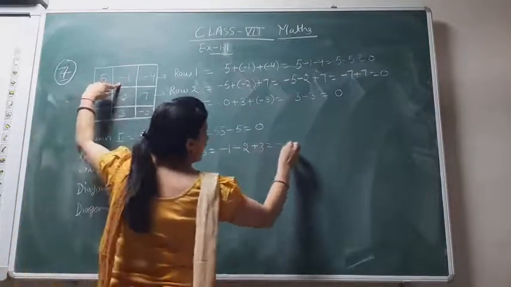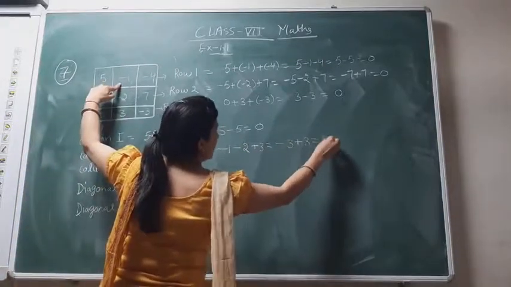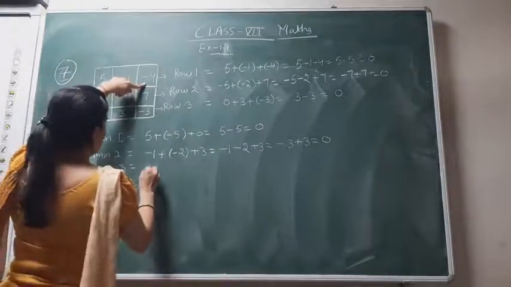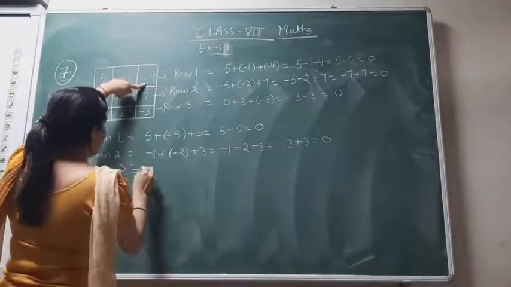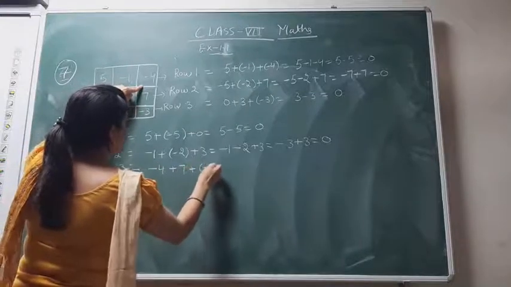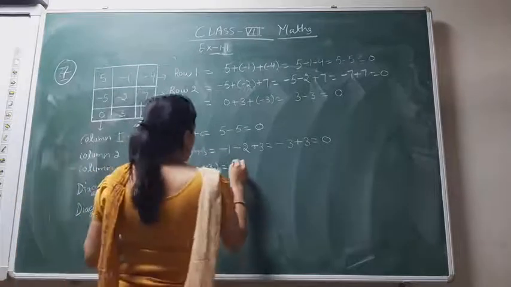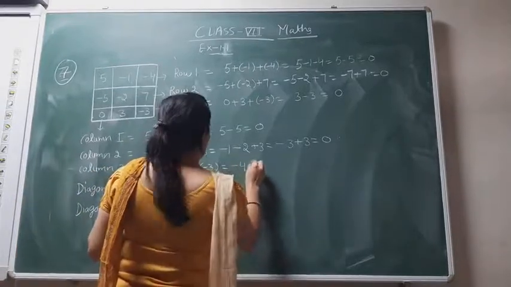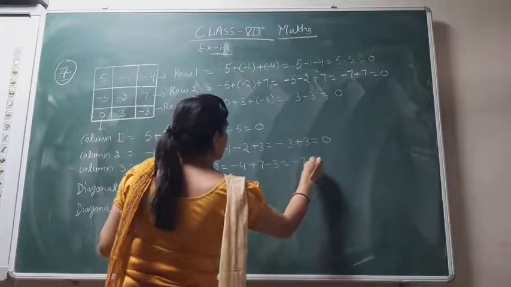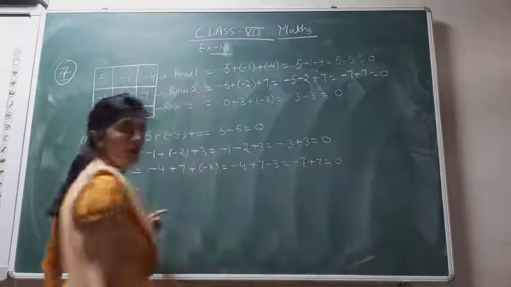It becomes minus 3 plus 3, it is also 0. Next is column 3rd. We will write minus 4 plus 7 plus minus 3, that is minus 4 minus 3 plus 7, minus 7 plus 7, it is also 0.